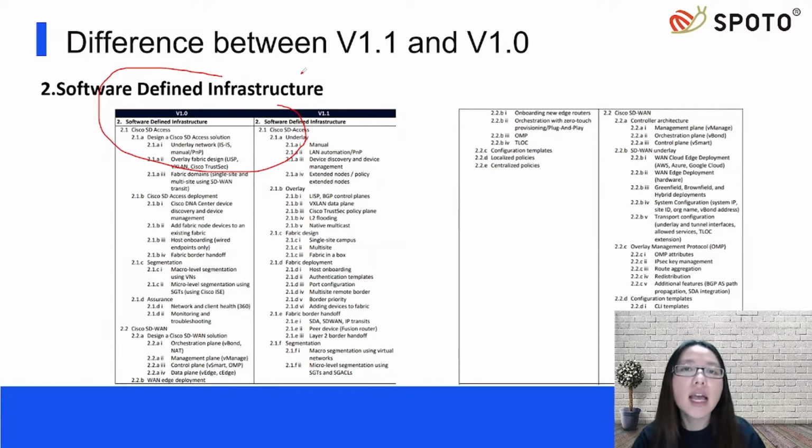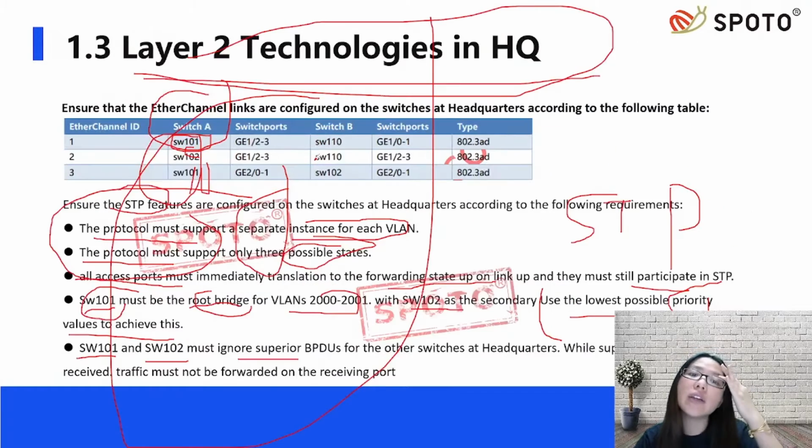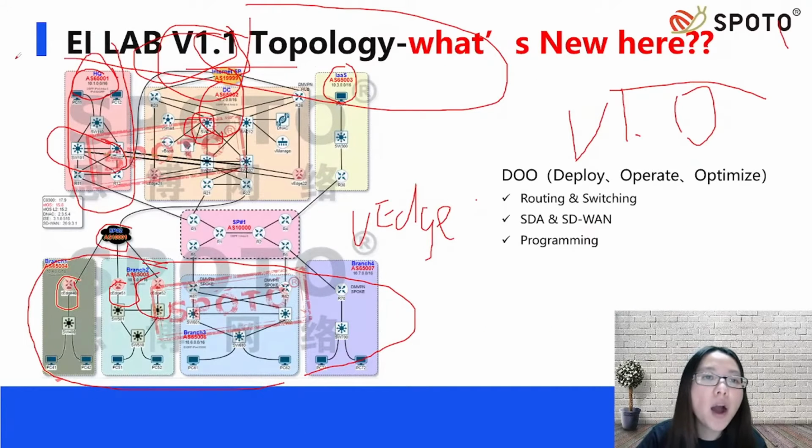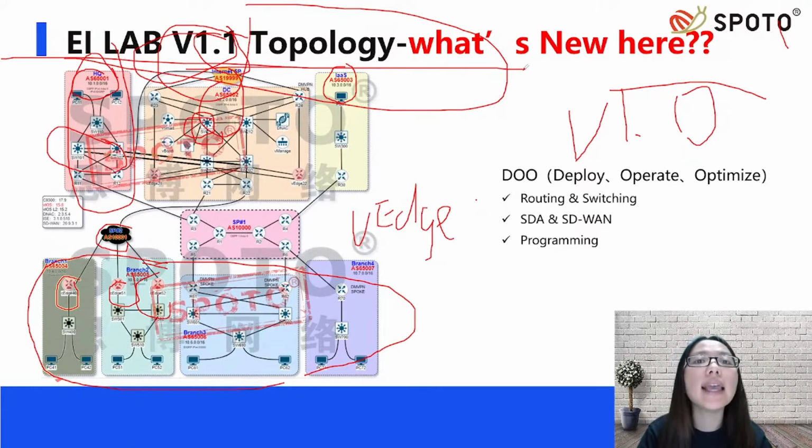Cisco SDA and Cisco SD-WAN have been restructured to give candidates a more concise list of what we need to know about these topics. The updated structure of subtasks aims to provide more clarity. As I told you, the topology is basically the same as the old version, so the routing and switching won't have much difference.